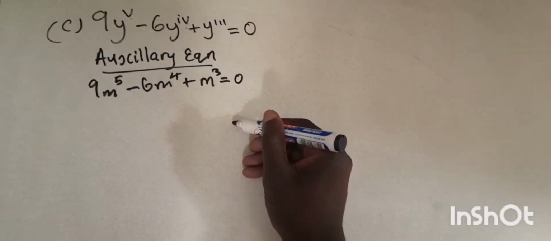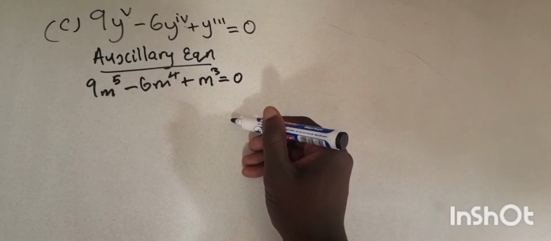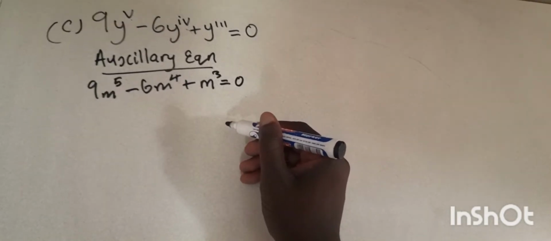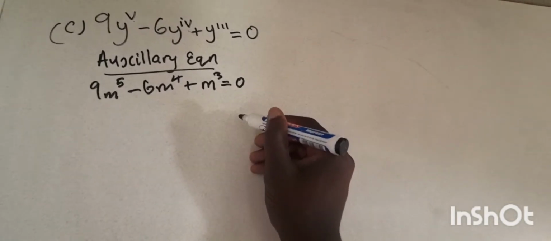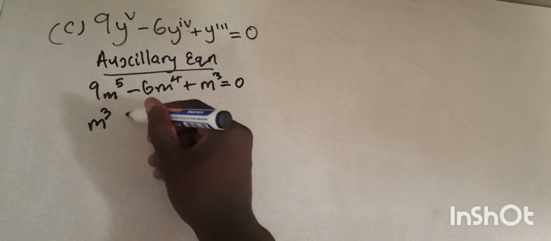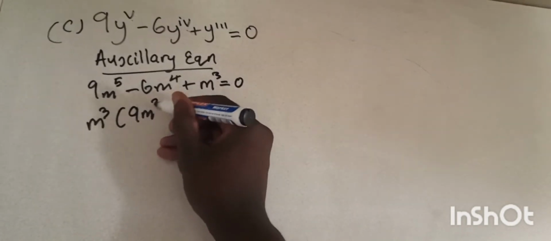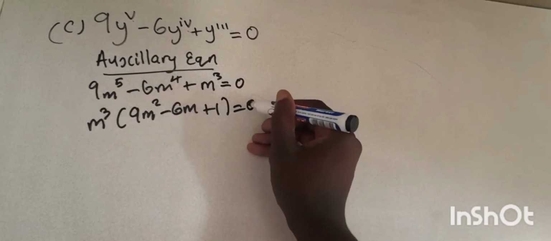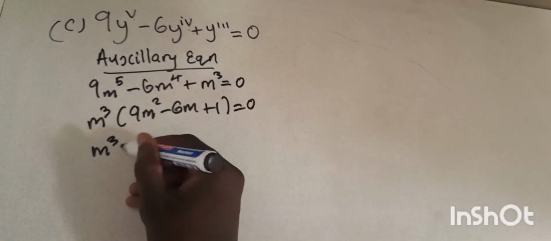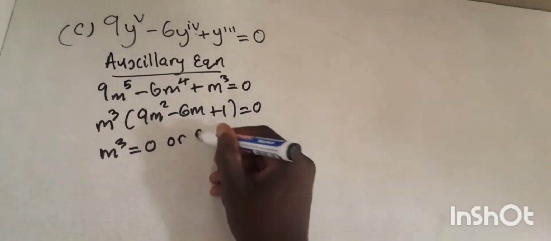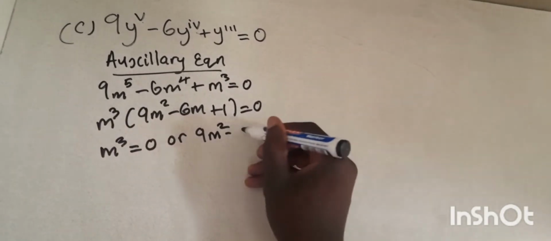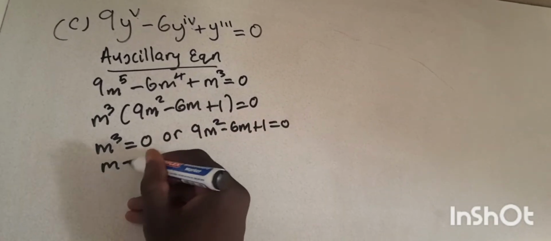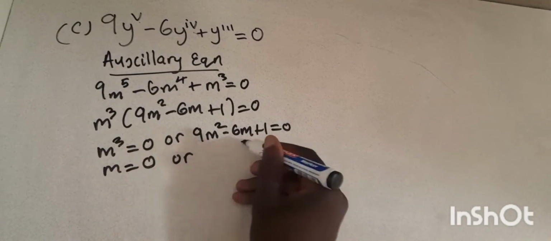So I will solve this by factorization method to find the roots. I will take out the common factor of m cubed since it's the lowest common factor. This will be 9m squared minus 6m plus 1 equals 0. m cubed equals 0, or 9m squared minus 6m plus 1 equals 0. m equals 0, or I can factorize this.